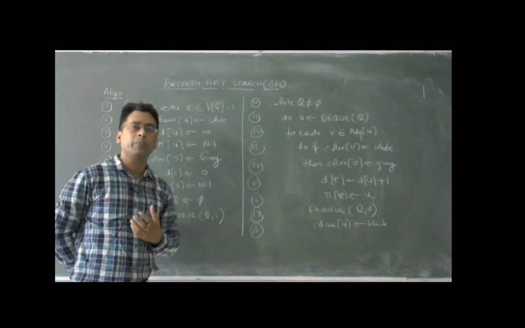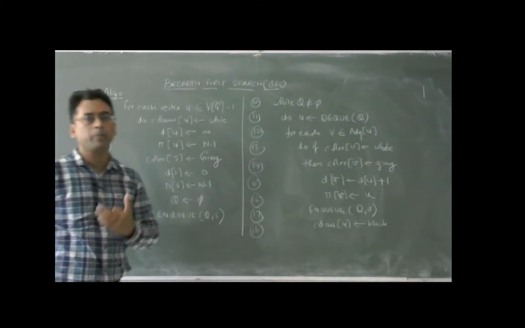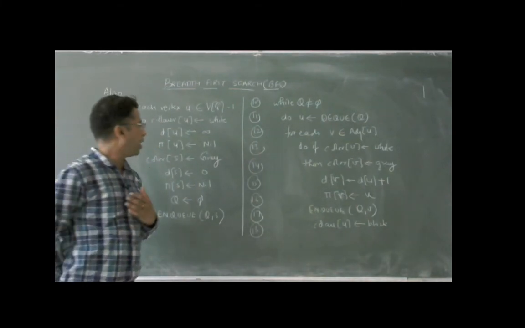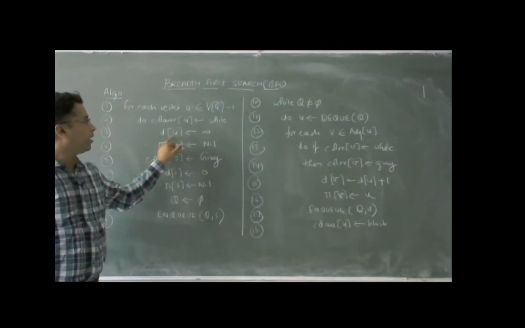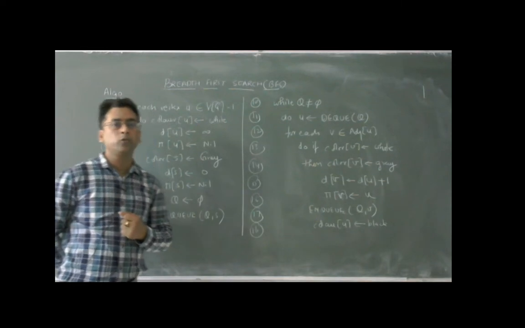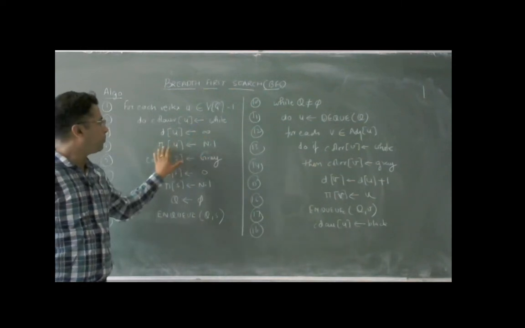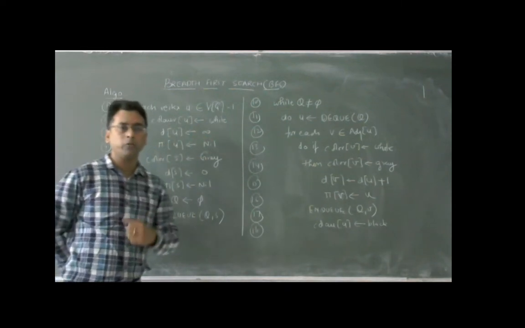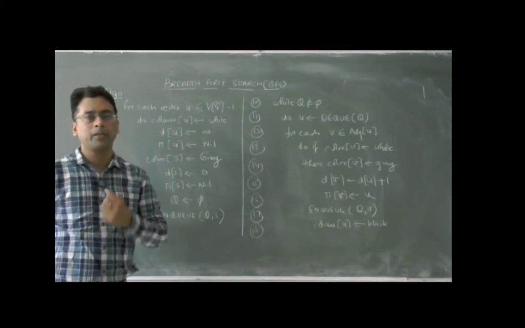Here white color represents that the node has not been discovered, and after that we assign the distance of each vertex that is not discovered to be infinity, and pi u, pi represents the parent node or the predecessor node.